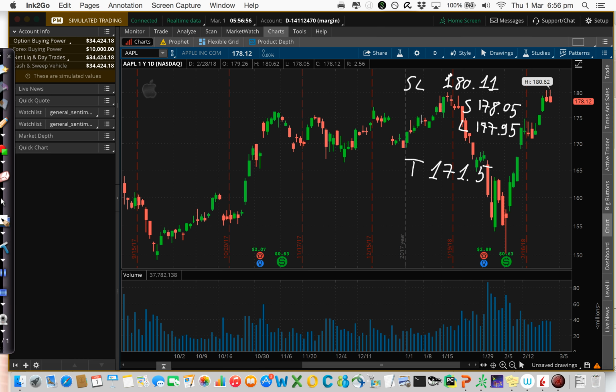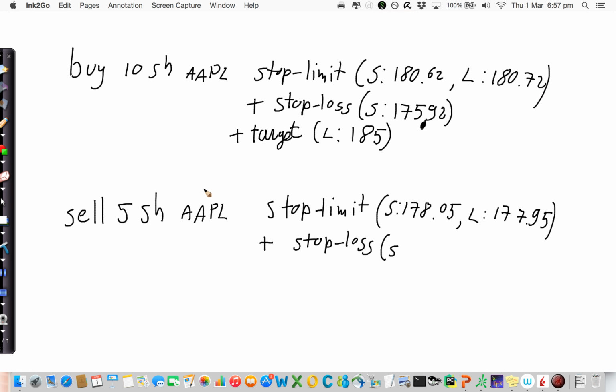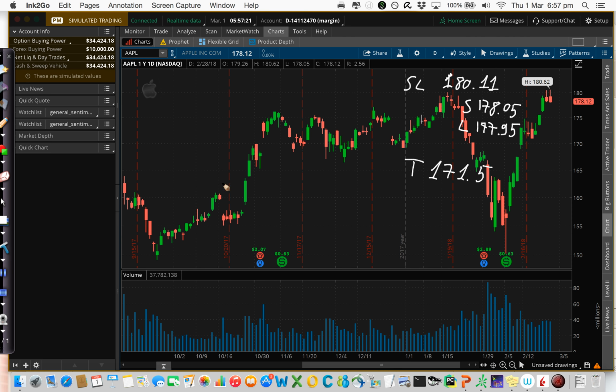So stop loss, we said 180.11. And then we have to attach the target, that is a limit order, 171.5, right? So let's see how we can place this order.